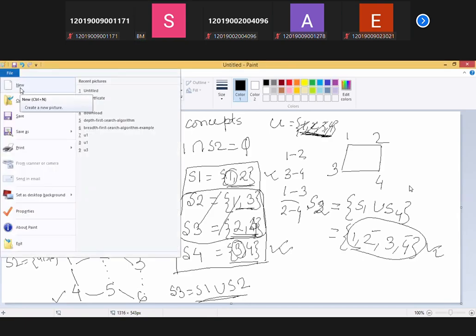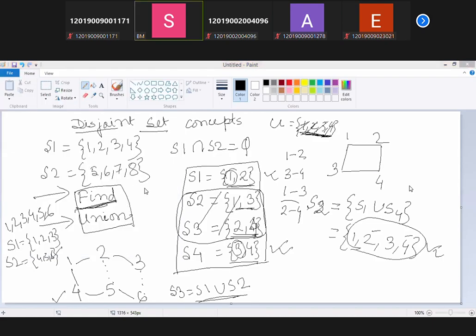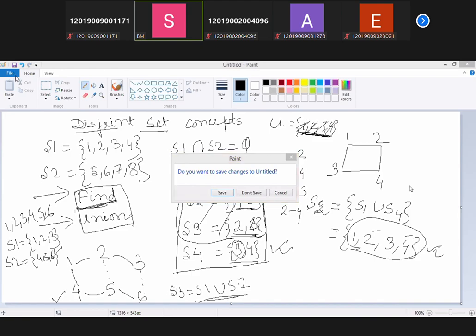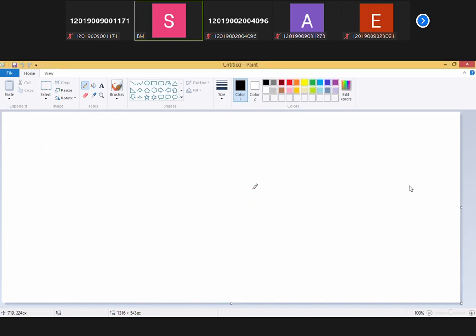There are multiple ways to do this, but as all of you know Python, you can use Python, or you can use the normal C program to do all this find and union operation. That's your choice completely, the programming language, but this is the concept.